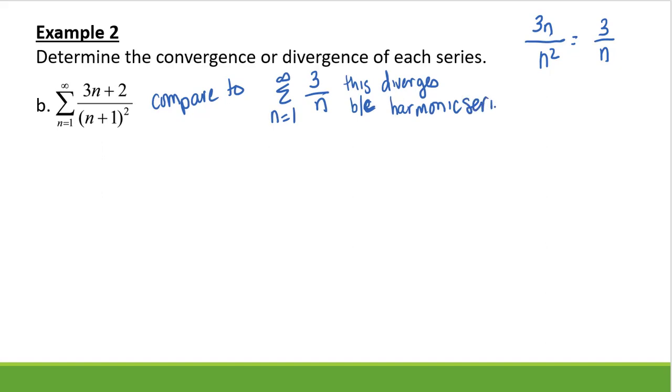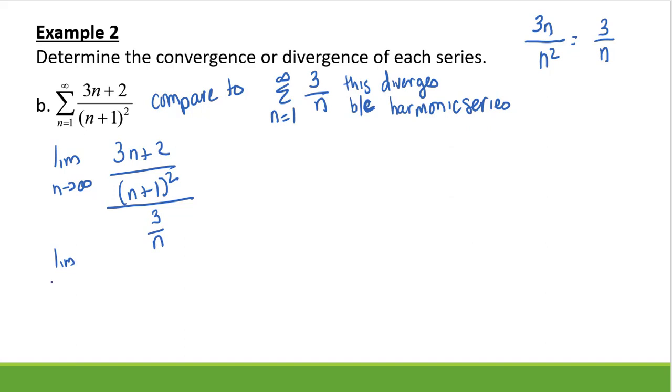As n goes to infinity of (3n plus 2) over (n plus 1) squared, all over 3 over n. Simplifying that out, you have (3n plus 2) over (n plus 1) squared times n over 3.